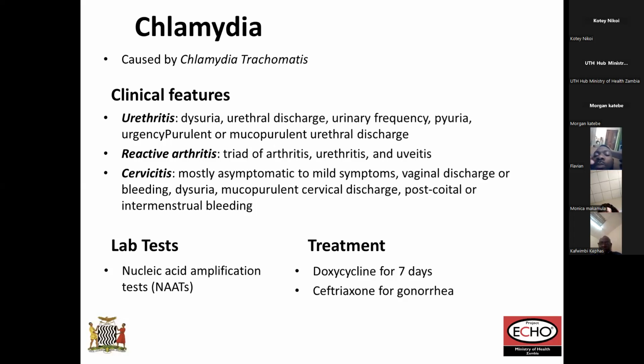Cervicitis in females is mostly asymptomatic, the presentation, like in gonorrhea. So the chlamydia will be asymptomatic, or one may have a mild, unnoticeable discharge. They may have dysuria as well, and then they may have the mucopurulent cervical discharge and postcoital and intermenstrual bleeding.